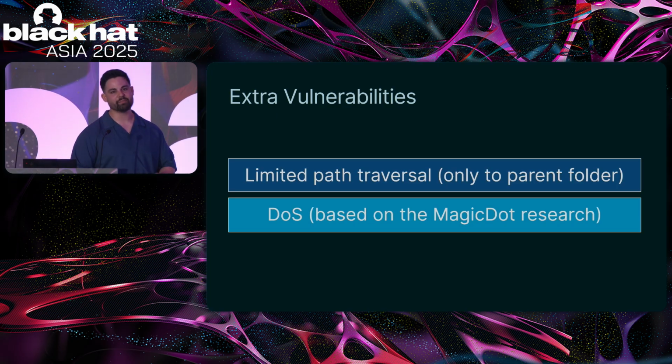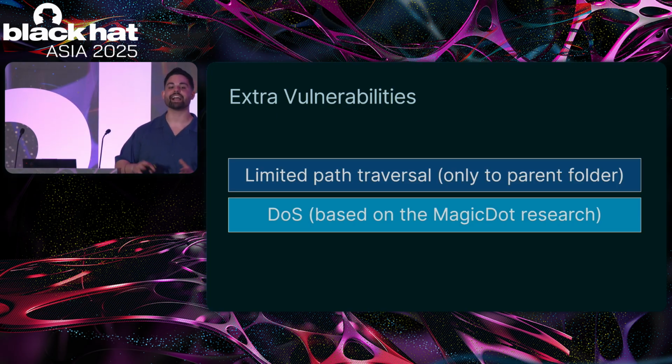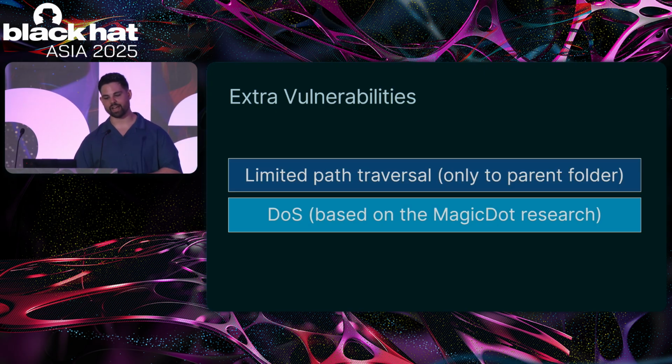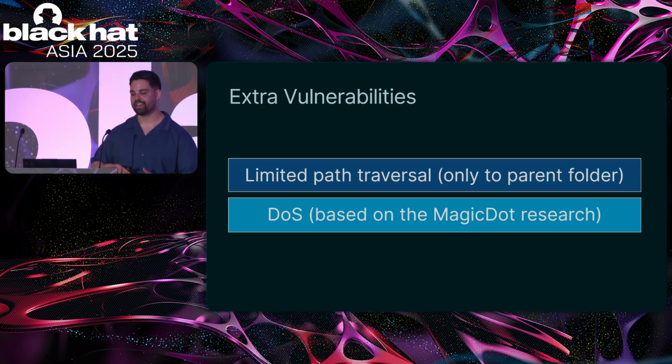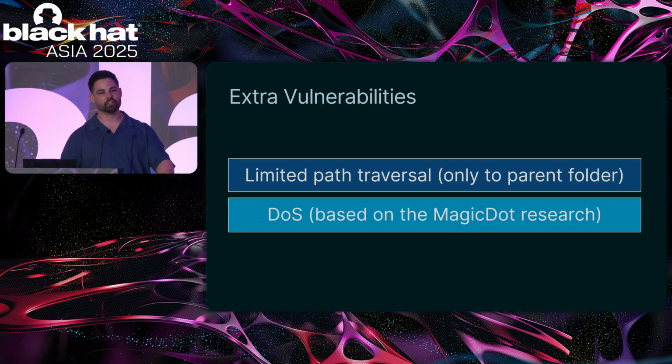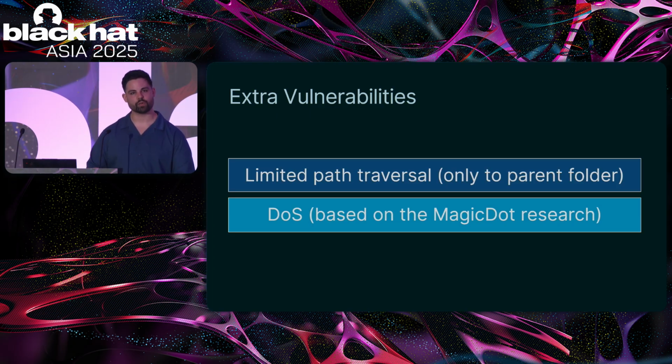Okay, so I know it might seem like we found exactly the vulnerabilities that we needed for our attack, but this was not the real thing. Actually, we found two more vulnerabilities. The first one was a limited path traversal to the parent folder of the downloads folder, which is the user folder, but it required a very specific name.